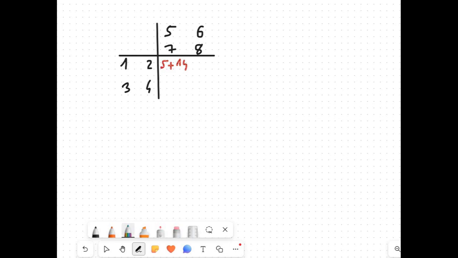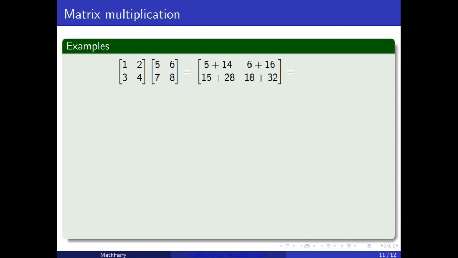Here in this element we have 6 plus 16. In the bottom left corner we have 15 plus 28. And finally here we have 18 plus 42. And if we crunch the numbers, we get the matrix 19, 22, 43, and 50.